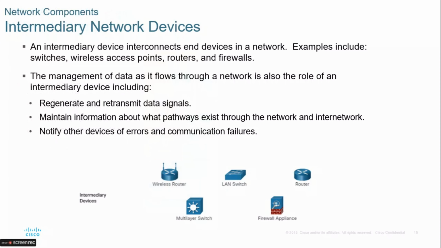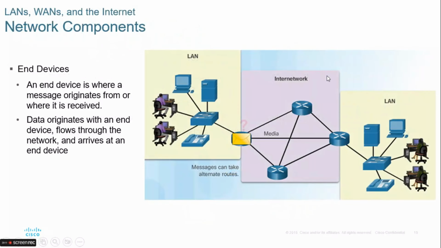Next, we've got intermediary network devices. An intermediary device interconnects end devices in a network. For example, in this topology here, this section of internetwork is an intermediary section. It is composed of network routers. This section can be with the firewalls or switches.